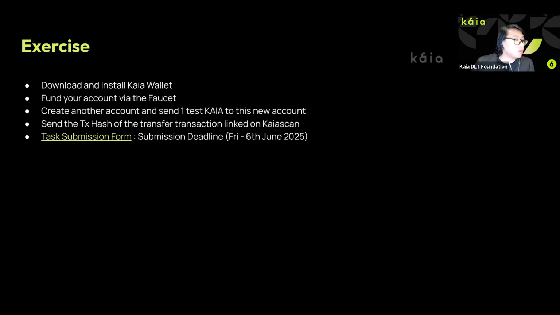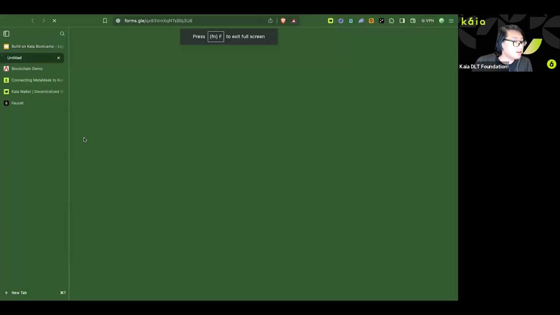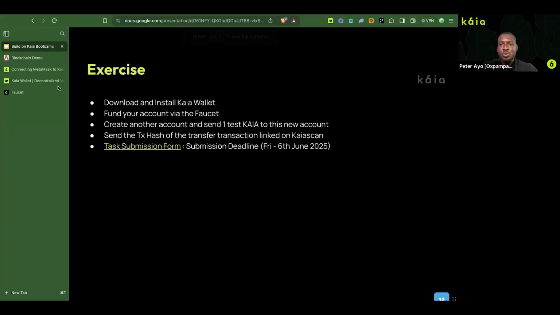So I think in the future, what we can do, Ayo, we should take note of this, is we should have a QR code to the slides. I think that'd be quite useful. Yeah, on the actual slides themselves. Yeah. So do you want me to send the task submission form in the chat, or do you want to just, you know? Yeah, I think I'll just go over it and you can share afterwards. Okay, cool. Go ahead. Yeah.